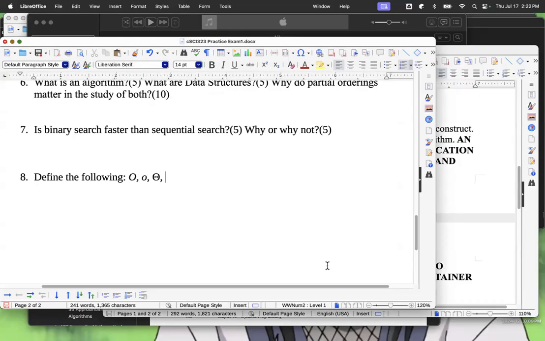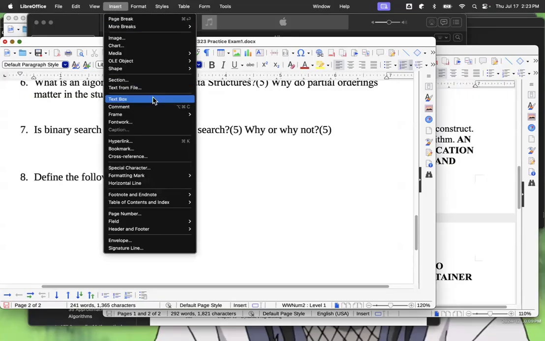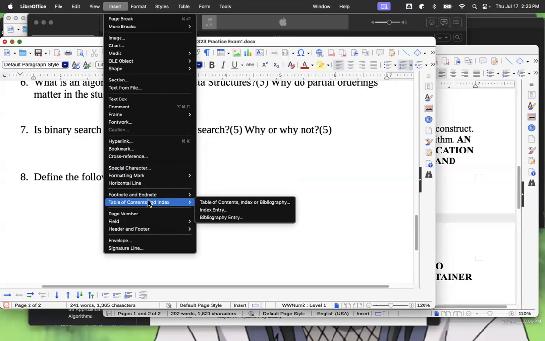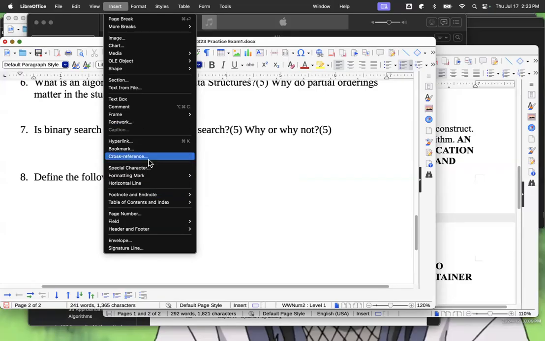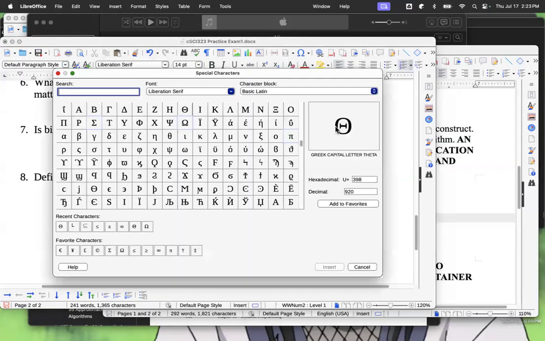Also, insert another one. Where's my special characters again? There we go. Right.